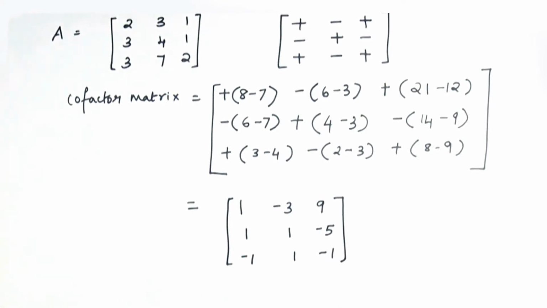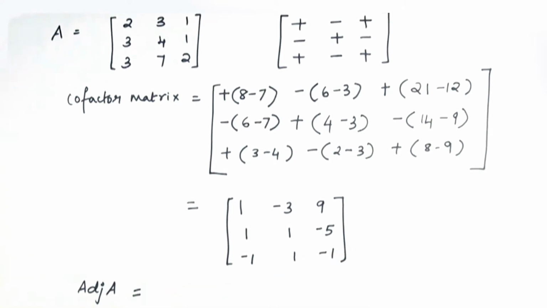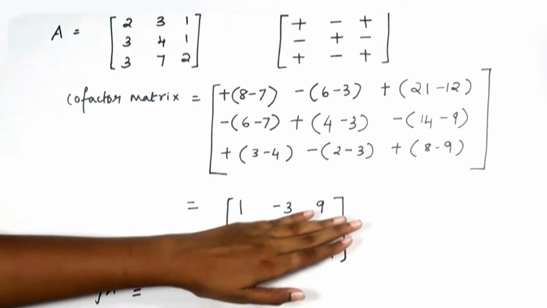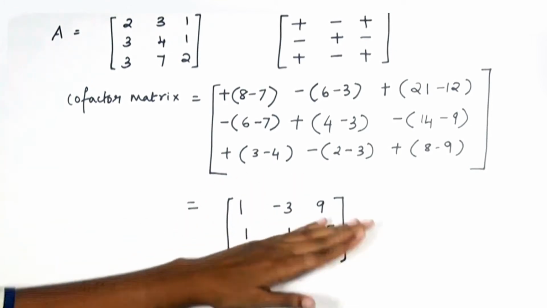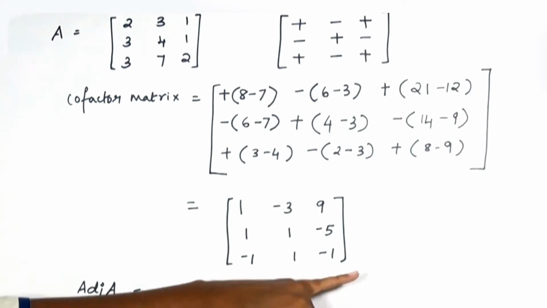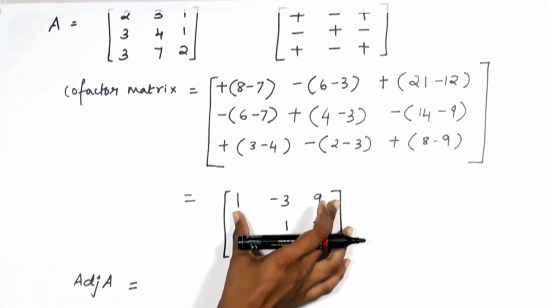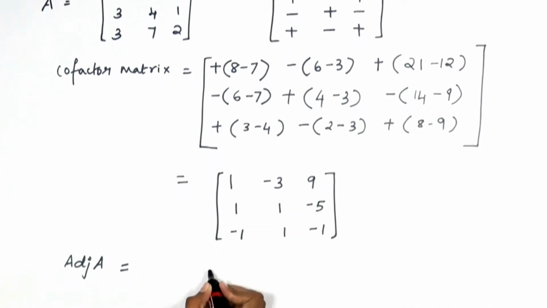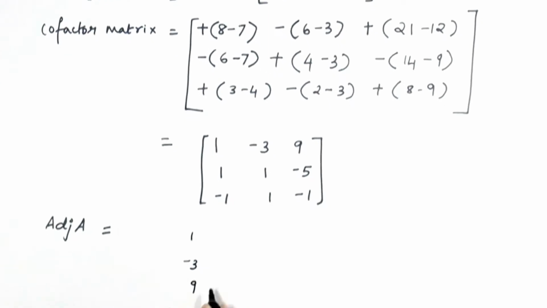Now we will be finding out the adjoint A. So adj A is nothing but the transpose of the cofactor matrix. Transpose is nothing but the first row will become the first column, the second row will become the second column, the third row will become the third column. Transposing the first row to column: 1, -3 and 9.